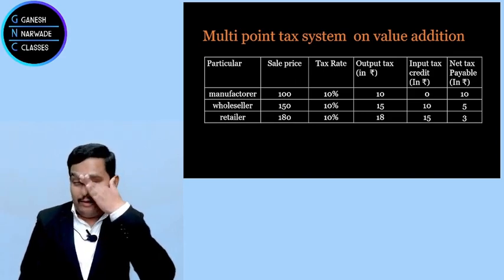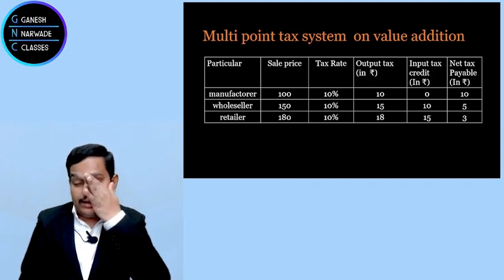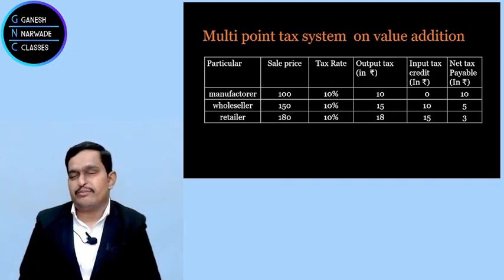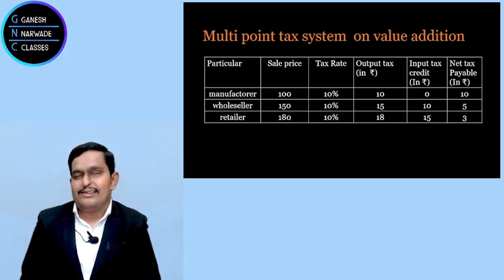Now I want to tell you how much retailer collected from the customer. Tell me, how much did he collect from the customer? Sir, 180 he collected. No. 18 rupees? No. Then 168?